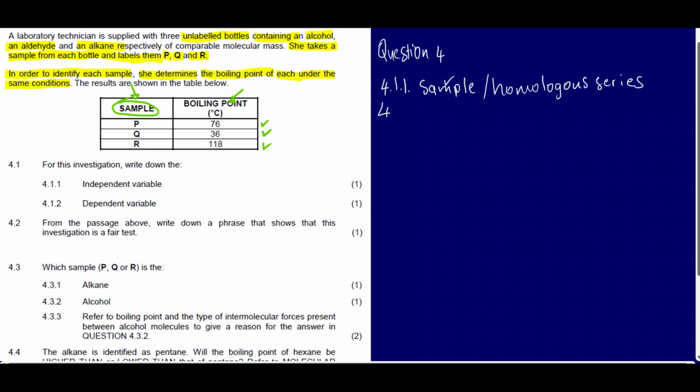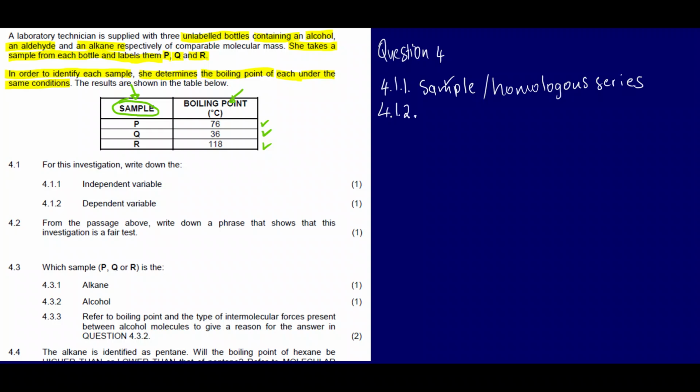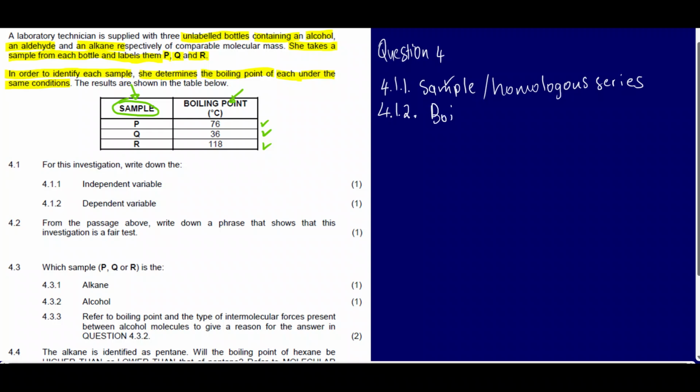I think sample would have been the best option here, but it's fine, there could be other independent variables. Let's move on to the next question, the dependent variable. Like I said, it's going to be the boiling point.